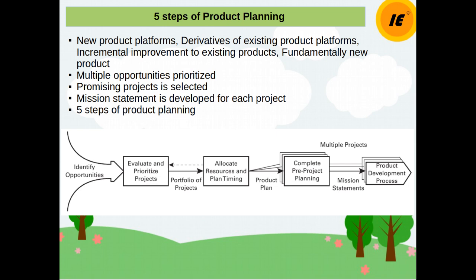Of course, the product development process starts after that, with multiple projects running simultaneously within your corporation. All these steps are not independent. One can go back and forth and re-evaluate after a certain time period to see the improvement or the status of the project.